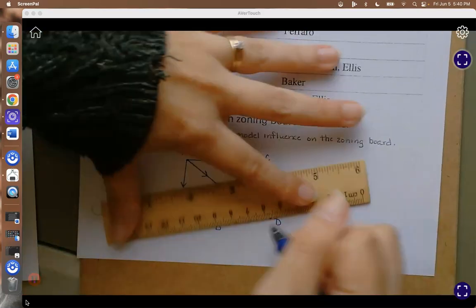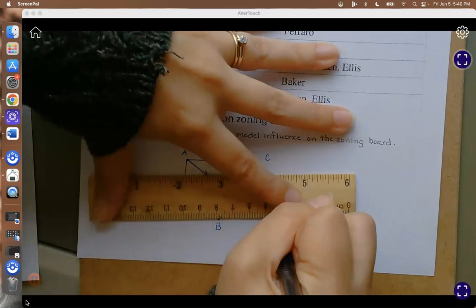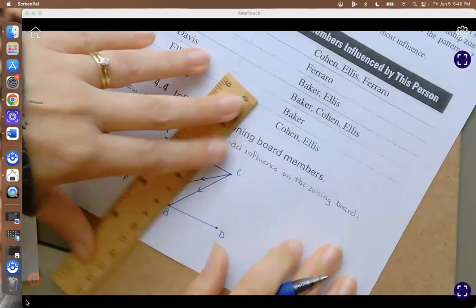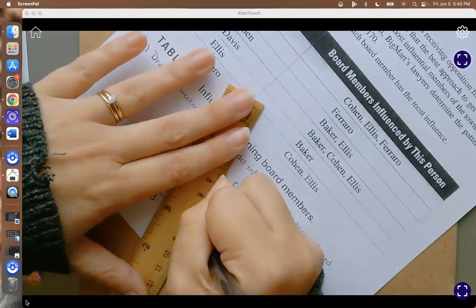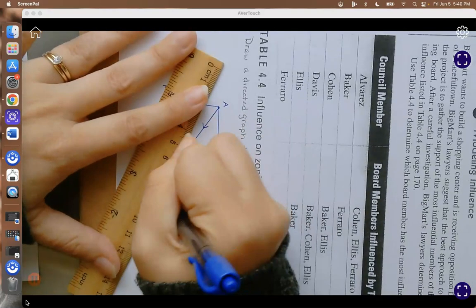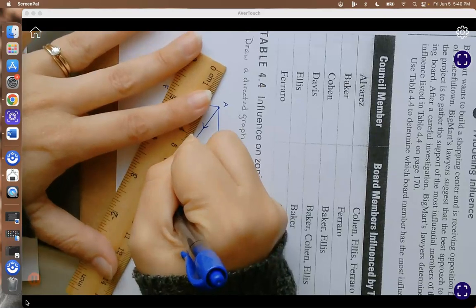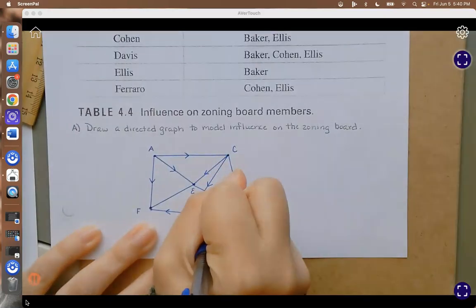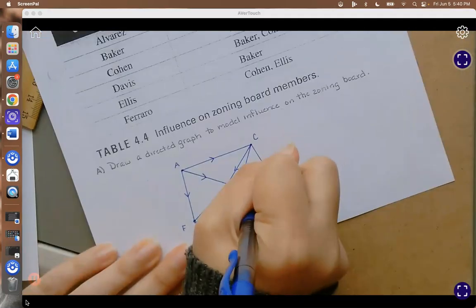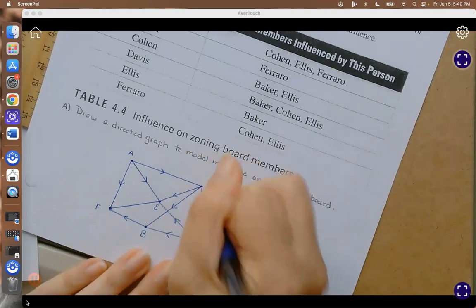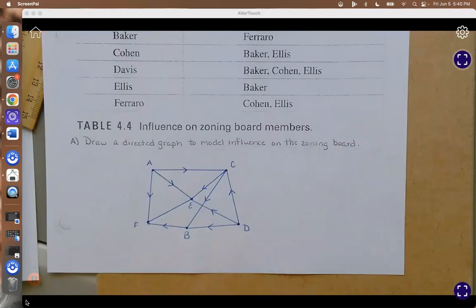And he or she has influence over Baker, Cohen, and Ellis. So Davis has influence over Baker, Ellis, and Cohen. Alright, cool.